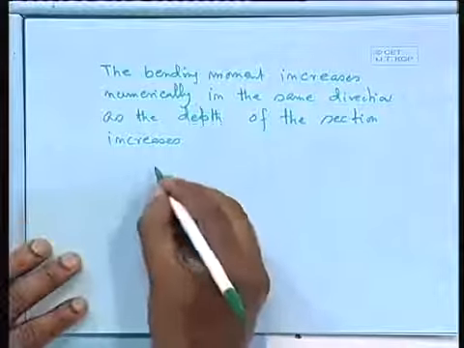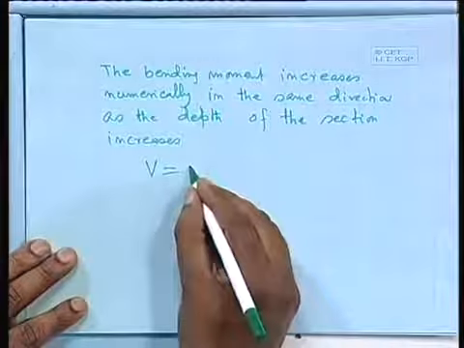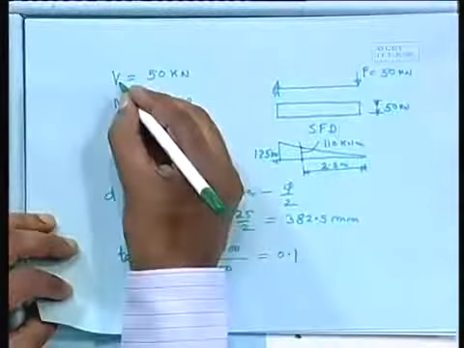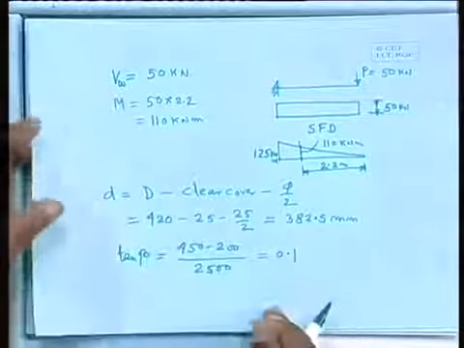So we shall get V equal to, so let us make it clear. Let us say this is VW, because we are using the formula.